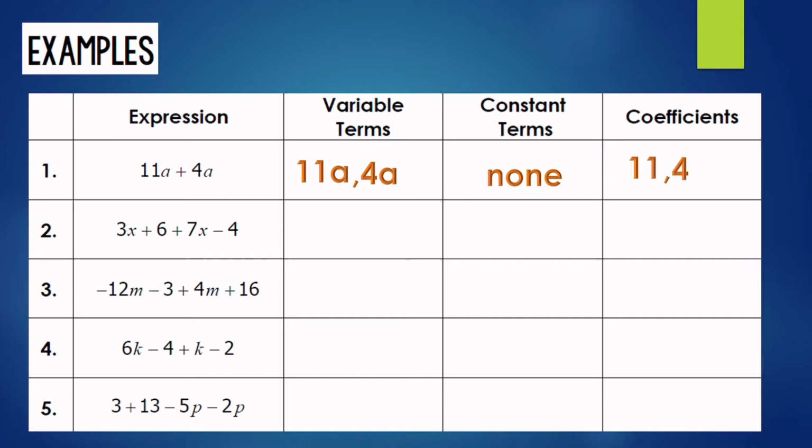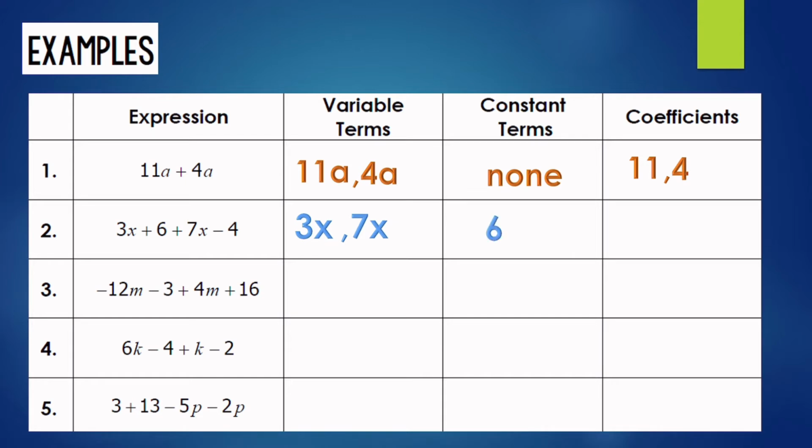Okay? Let's go look at number 2. What are my variable terms? Well, my variable terms in this one are 3x and 7x. Please put some sort of comma or line or something to distinguish the separation. Now my constants are just the numbers there.